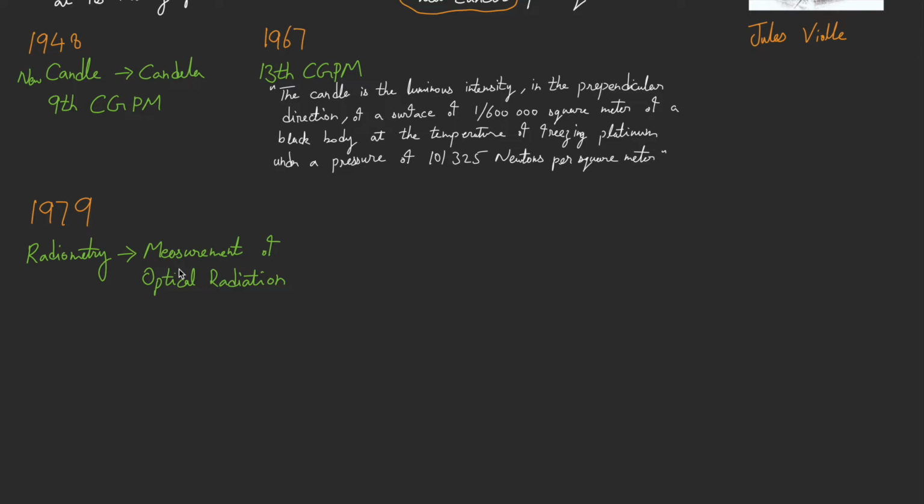So instead of going to the black body effect for trying to measure the unit of Candela, there was another field who made major advances. It was the radiometry, which is the measurement of optical radiation.